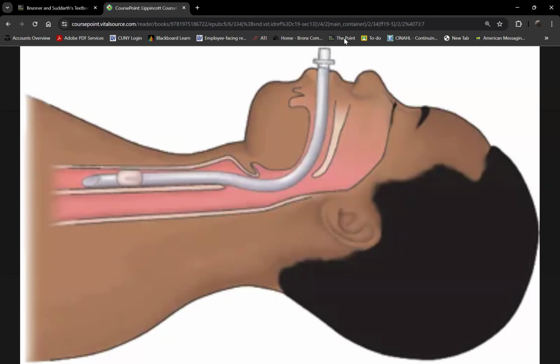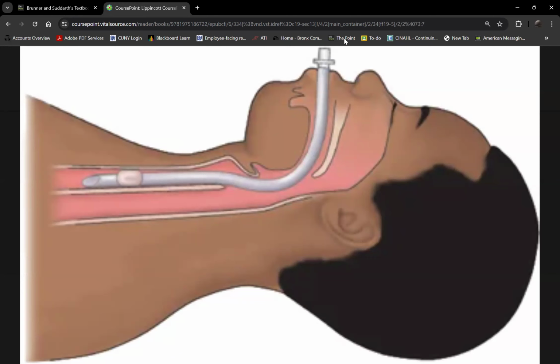The trachea is the target, which is the anterior tube, and then there's an epiglottis that covers it. So when the patient swallows, meaning the patient is still semi-conscious and you insert this, once the patient swallows, then the tube ends up in the esophagus and not in the airway, not in the trachea.